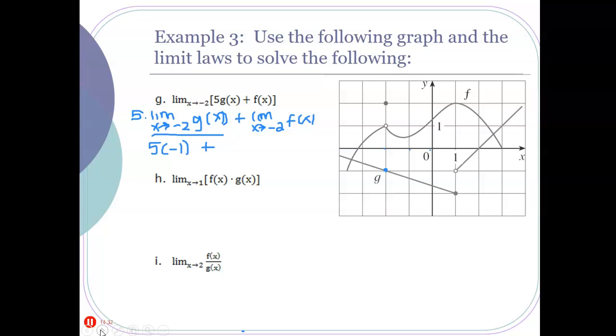We already determined in the previous example C that the limit as x approaches negative 2 of f of x is 1. So the limit of this whole quantity is negative 5 plus 1, or negative 4.